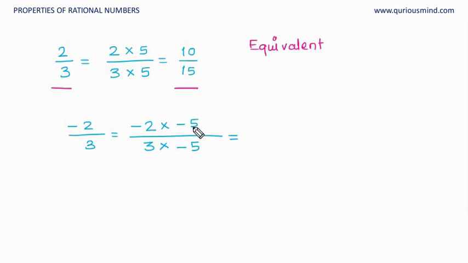So I can use any integer to multiply. Now here minus 2 into minus 5 becomes plus 10. Whereas 3 into minus 5 becomes minus 15. And now these two rational numbers are also equal in value, and hence they are called equivalent rational numbers.